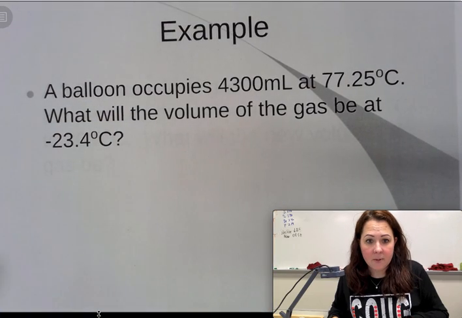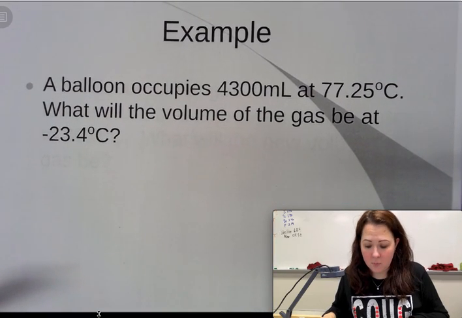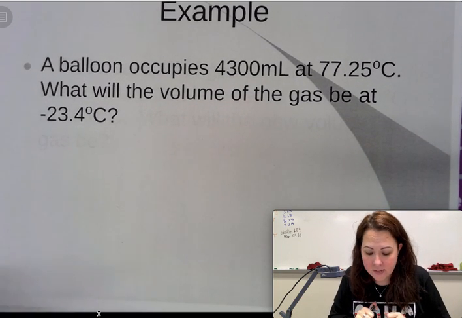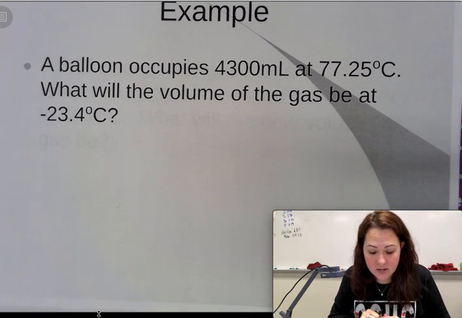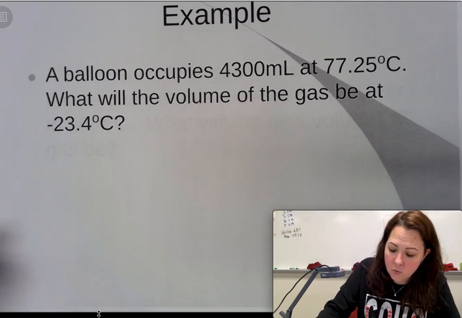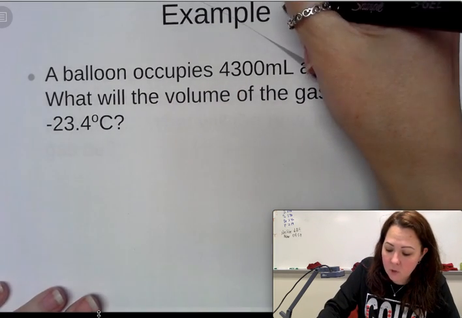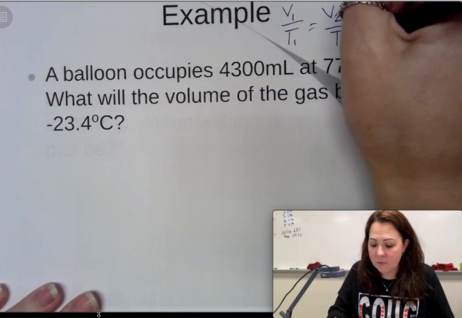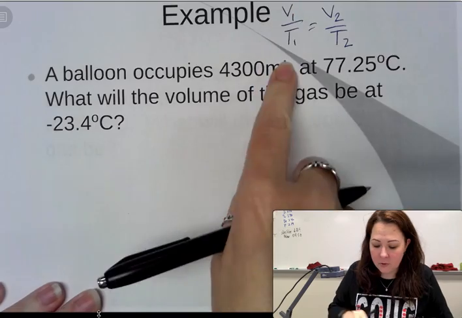My problem here says a balloon occupies 4,300 milliliters at 77.25 degrees Celsius. What is the volume of gas at negative 23.4 degrees Celsius? So what I know is V1 over T1 is equal to V2 over T2. This is what I'm starting with. This is my new values.